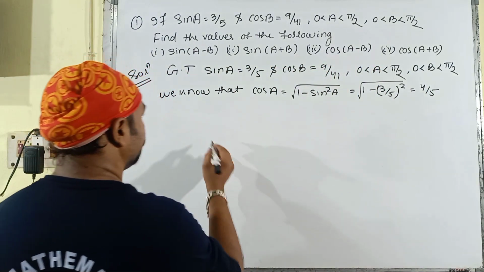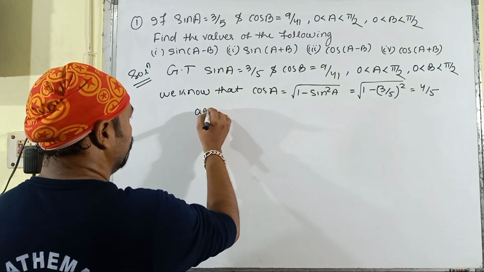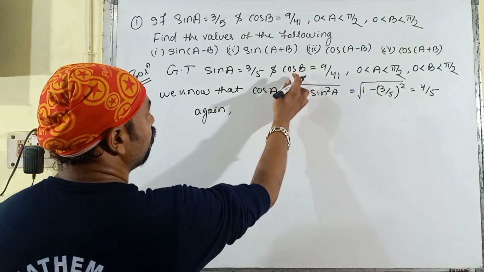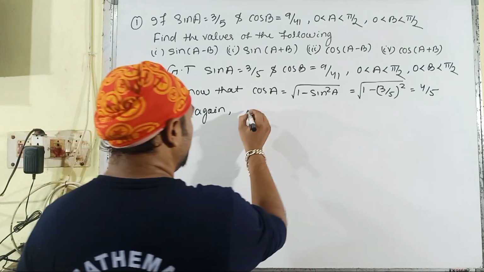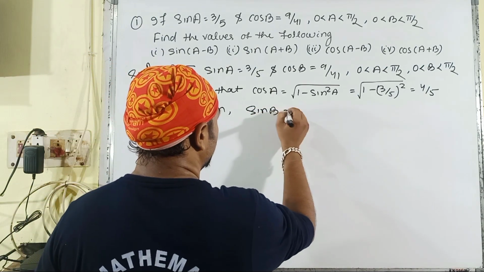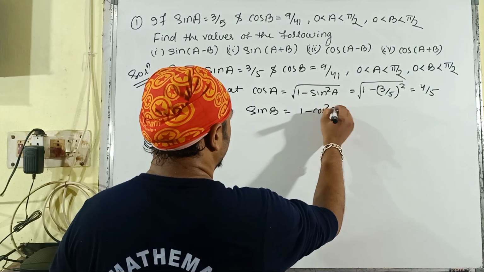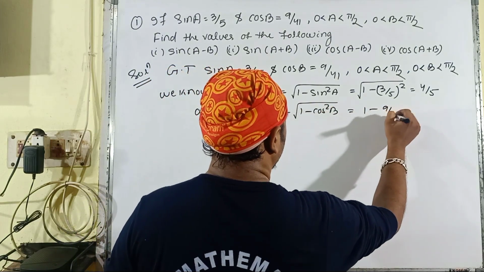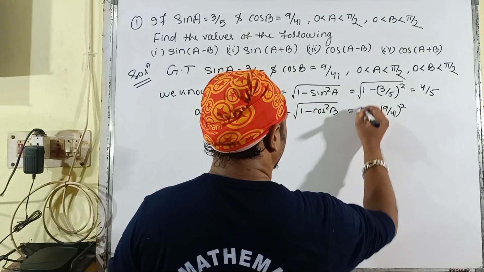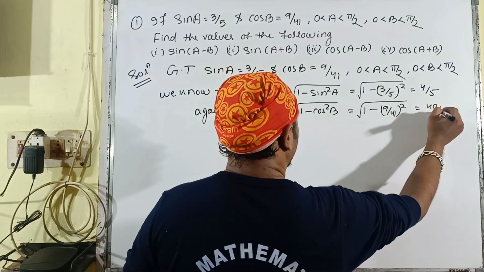Similarly, from cos B we can determine sin B. Sin B is equal to square root of 1 minus cos square B, and it is 40 by 41.